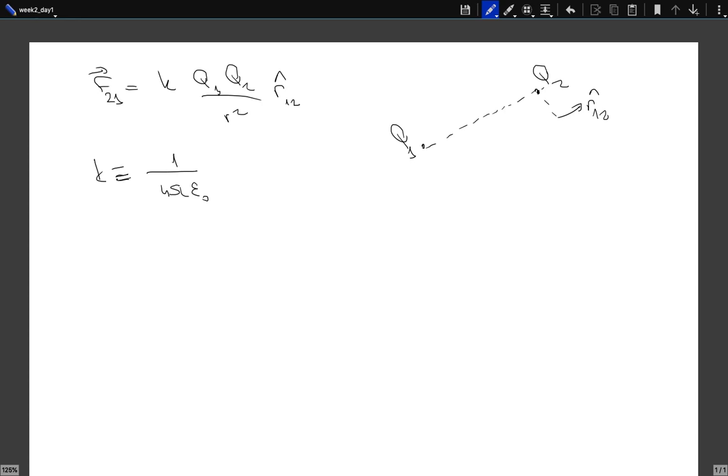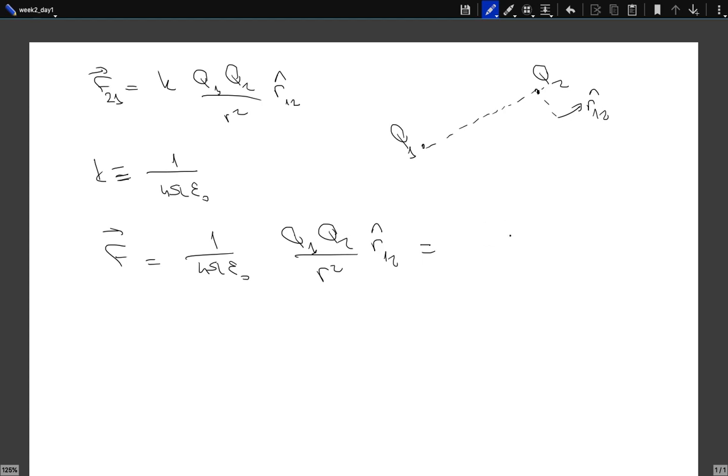Now, we will see later on why we write it in this way, because although Coulomb's law, the force law, becomes somewhat more complicated in this form, 1 over 4 pi epsilon 0, Q1, Q2 over R squared times R12 hat, some other laws that we will see later on will have a simpler form in terms of this epsilon 0.